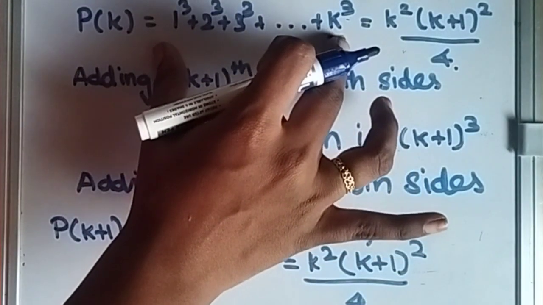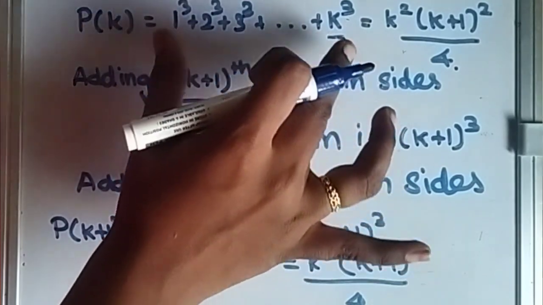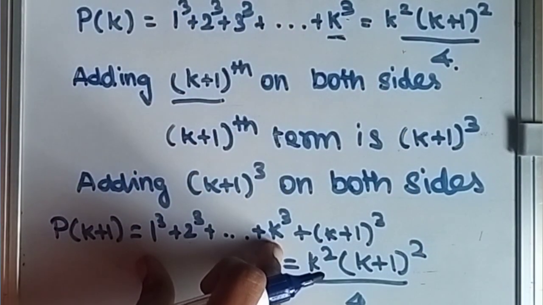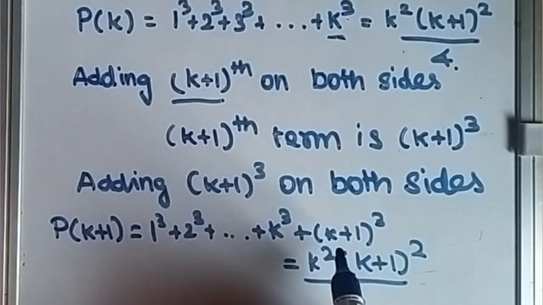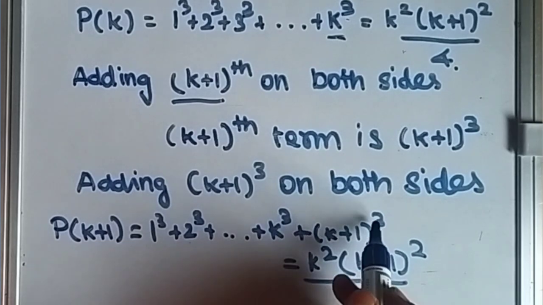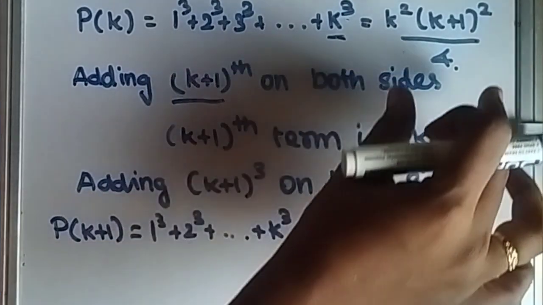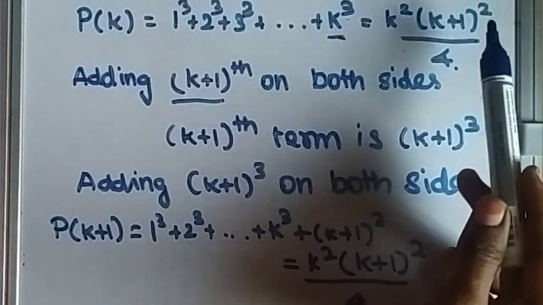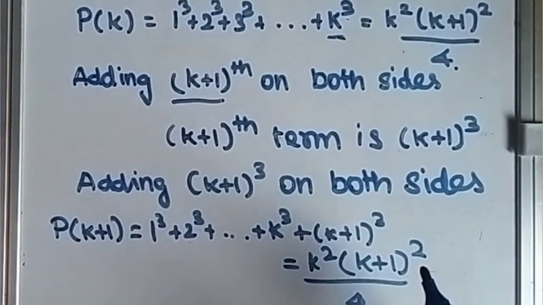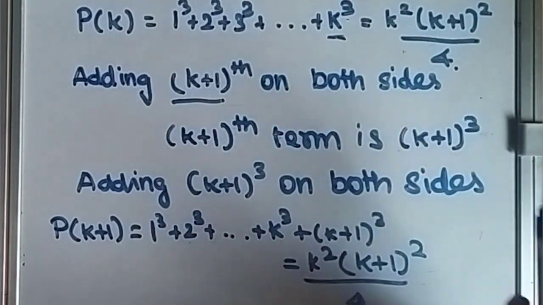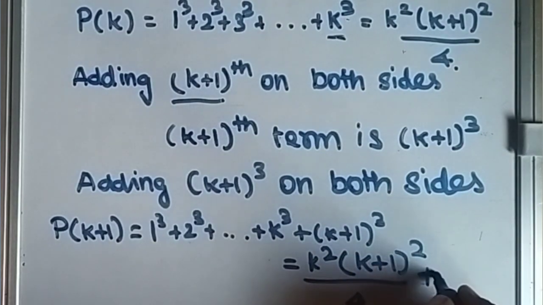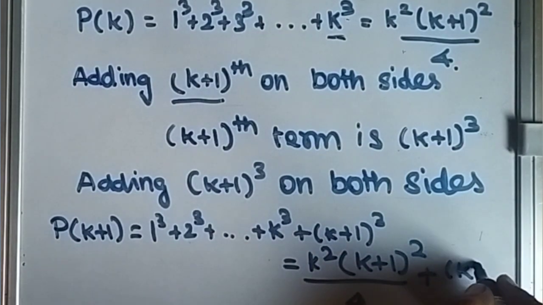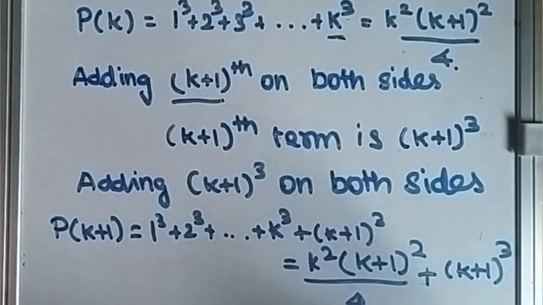So what is the left hand side? Left hand side is this one, and we add the k plus 1th term, that is k plus 1 the whole cube, which equals the right hand side, k squared multiplied by k plus 1 the whole square divided by 4. We have to add k plus 1 the whole cube on this side too. So I am going to add k plus 1 the whole cube.